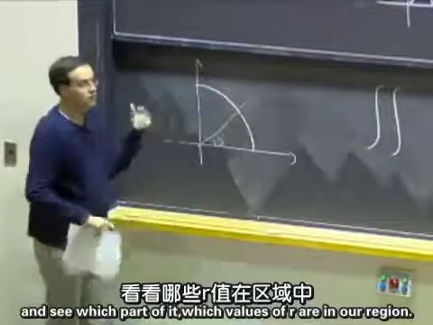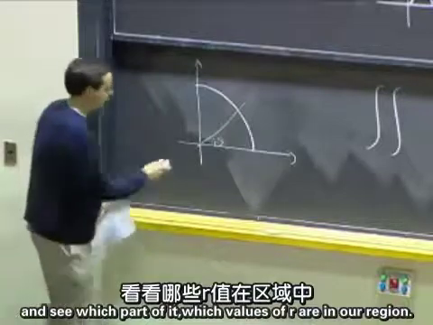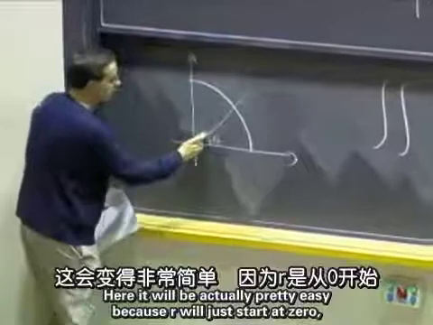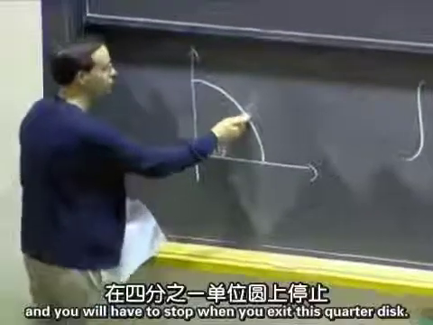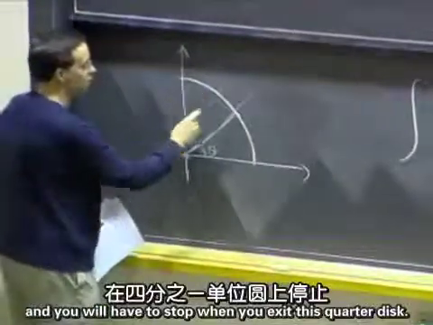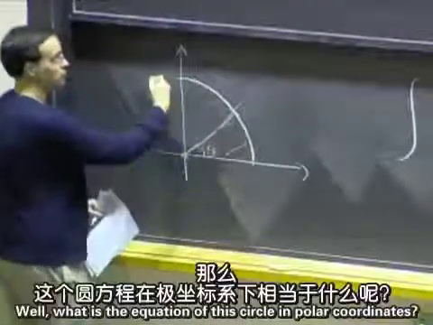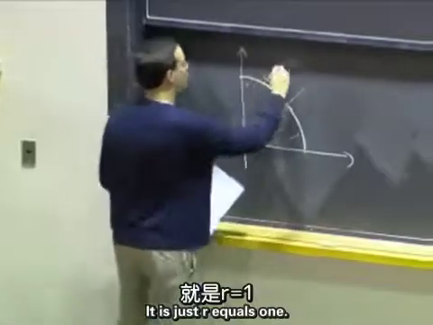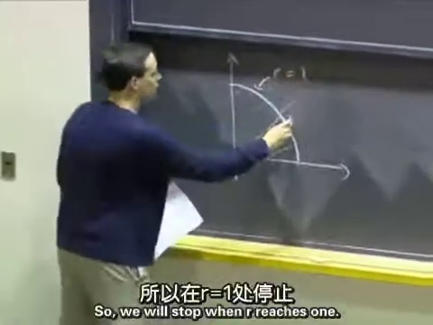Here it will be pretty easy, because r will just start at 0, and you'll have to stop when you exit this quarter disk. What's the equation of this circle in polar coordinates? It's just r equals 1. So we'll stop when r reaches 1.